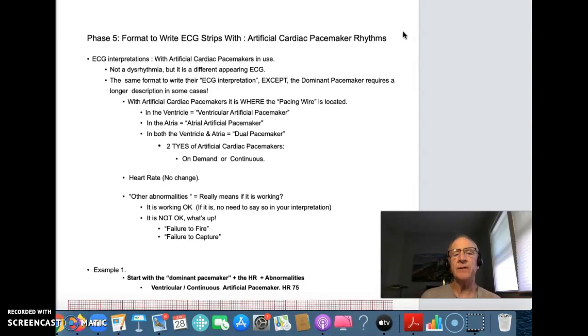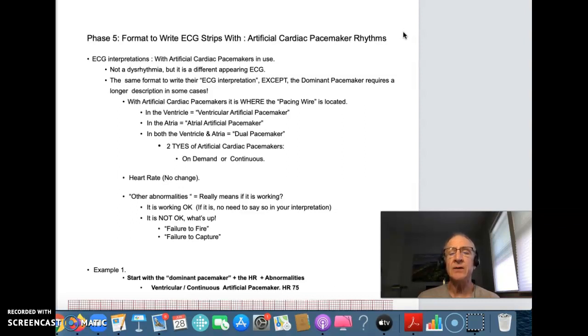If it is located in the ventricle, it is a ventricular artificial cardiac pacemaker. If it's located in the atria, it is an atrial artificial cardiac pacemaker. And if you have a pacing wire in both the atria and the ventricle, we call that a dual artificial pacemaker.